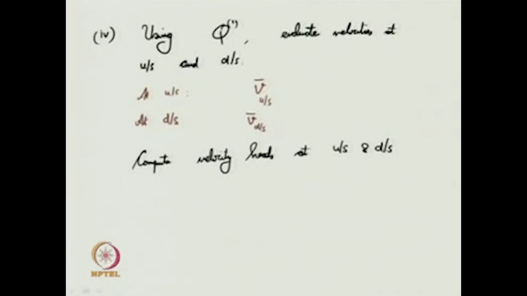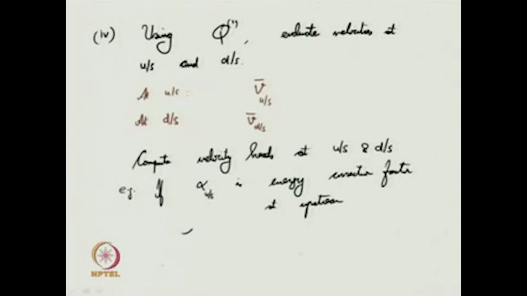For example, if alpha u s is the energy correction factor for velocity at the upstream section, and similarly alpha d s is the energy correction factor at downstream, then if you have this data, you can easily evaluate.